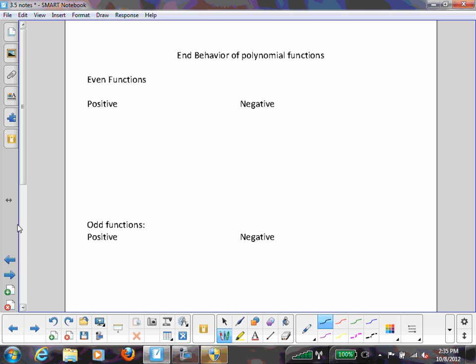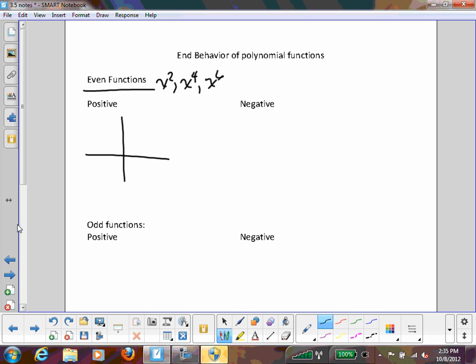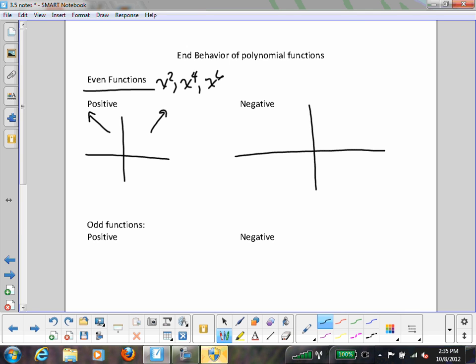Okay? Positive functions that are even. So if the exponent is squared, highest exponent, or to the 4th, or to the 6th, and it's even, and the coefficient is positive, your tails are here and here. Right? Like a parabola. Your tails are going up, or your tails go down.